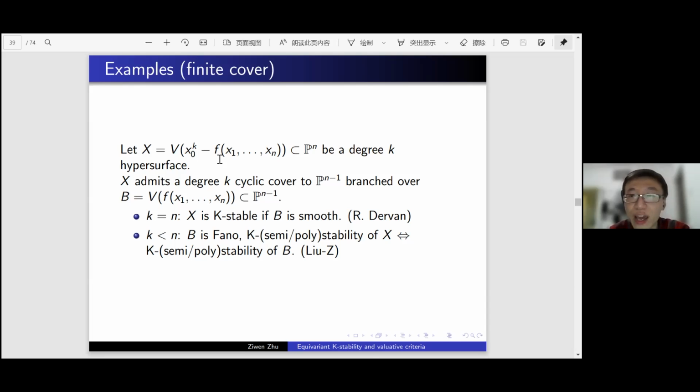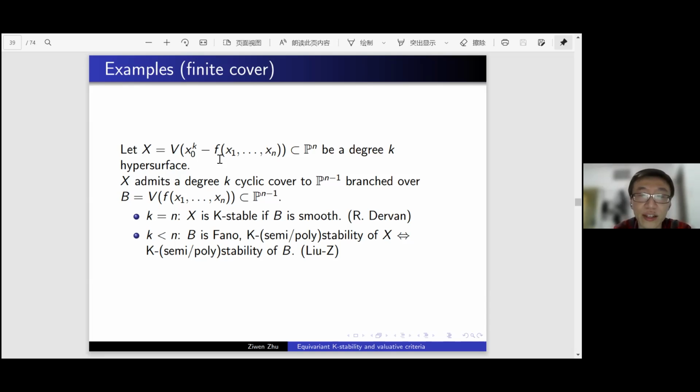And because we also have the openness of the K-semistability and K-stability locus, we can conclude that a general cubic fivefold is K-semistable here.